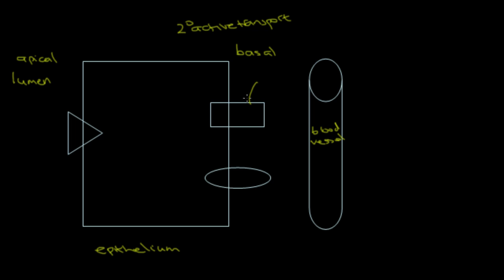So this represents an ATP-ase transporter. And remember that this needs energy to work, and this can move substances against their concentration gradient. And then across here we've just got a more simple transporter on the other side.